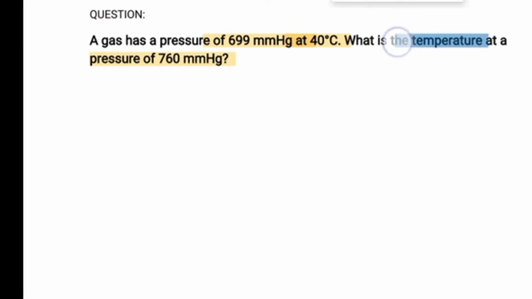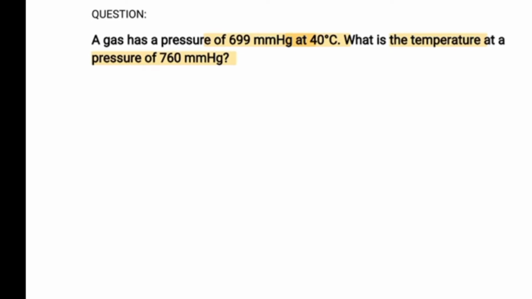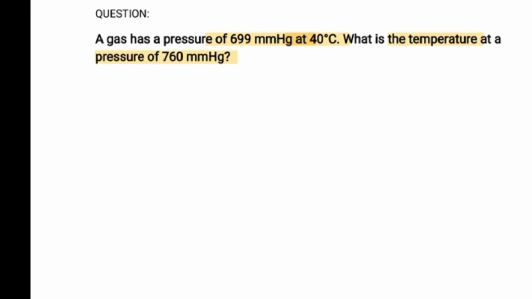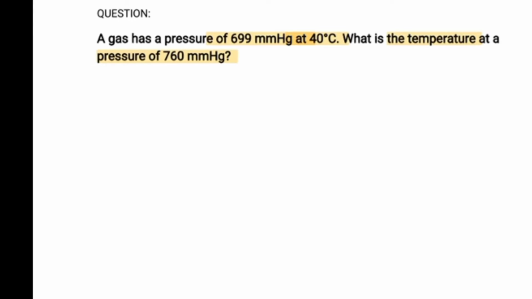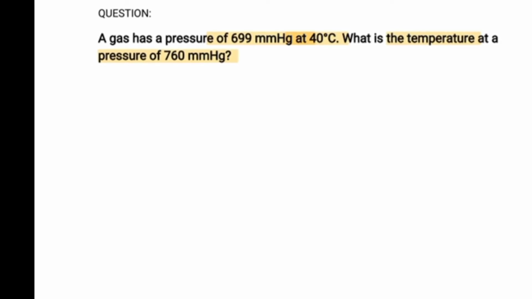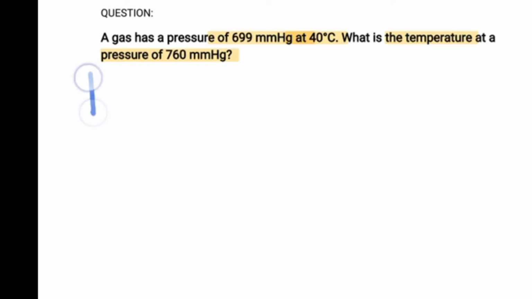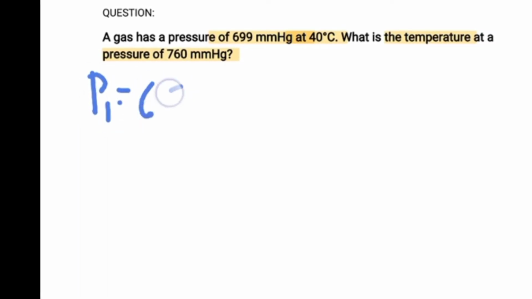So we need to find the temperature. So pressure law, 699 mmHg is pressure 1. Pressure 1 equal to 699.